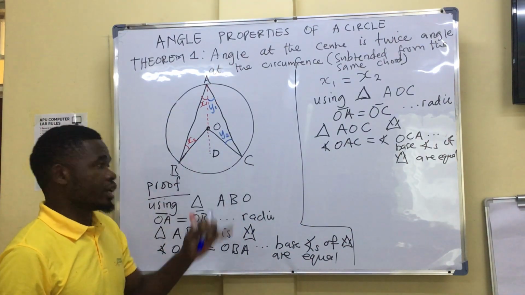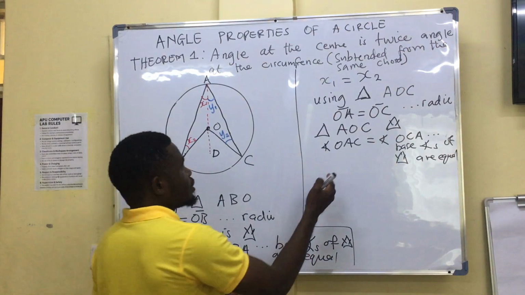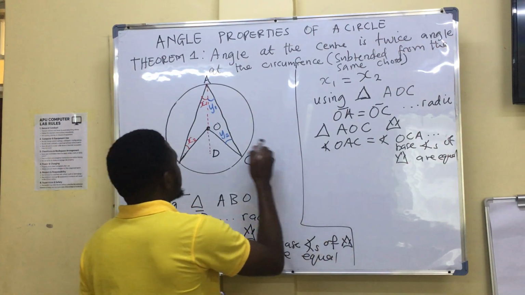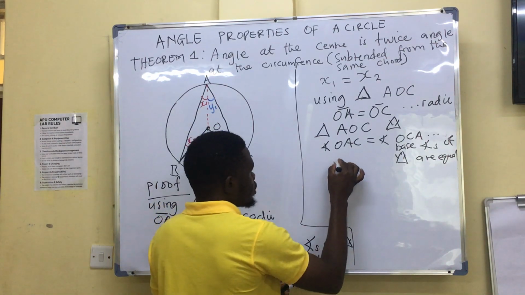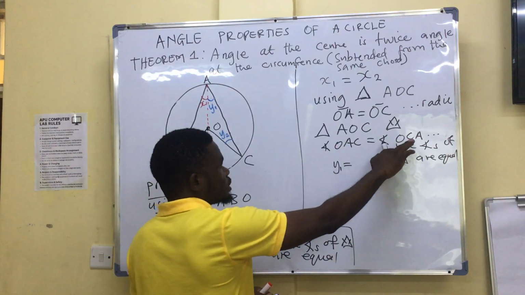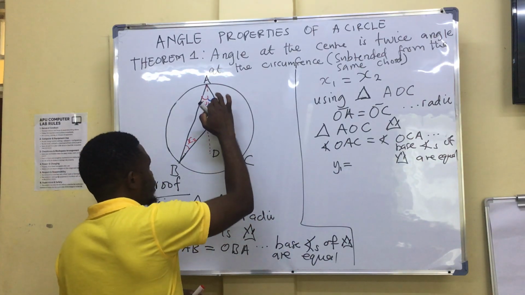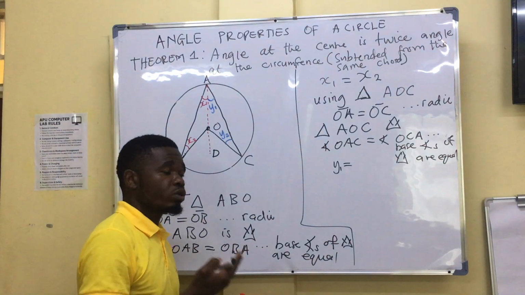So this side, we are still on that side, right? Meaning that what's the value of angle OAC? OAC is y1, right? Meaning that y1 is equal to what? Angle OCA. This angle is equal. What? Base angles of a triangle are equal.